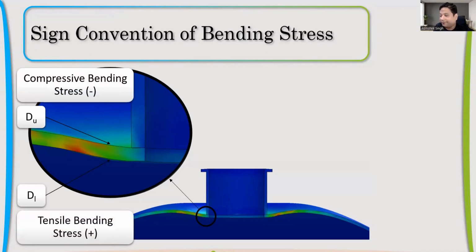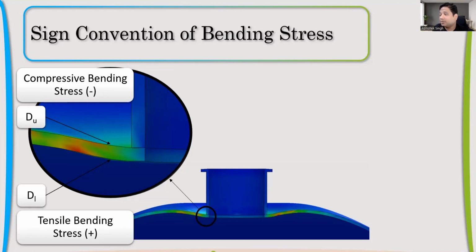If you refer to this diagram, it will be pretty clear that inside will be seeing tensile bending. Upper side will be seeing compressive bending.